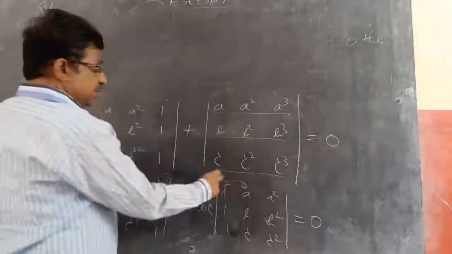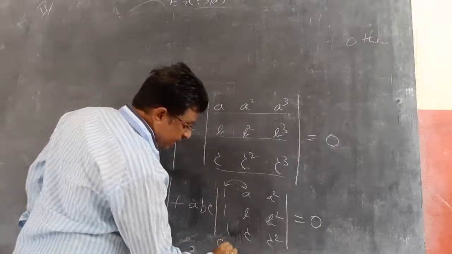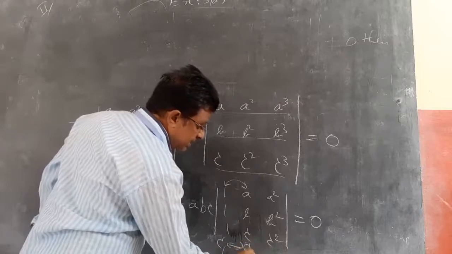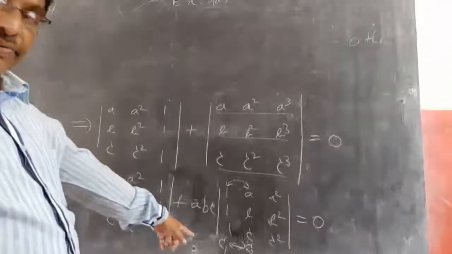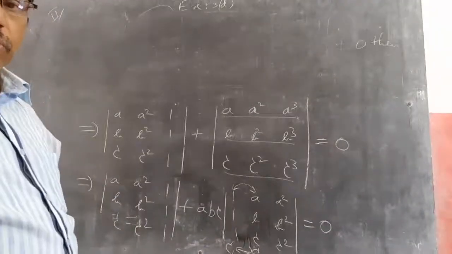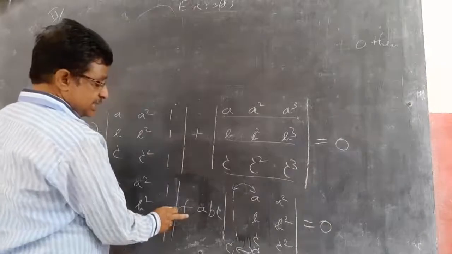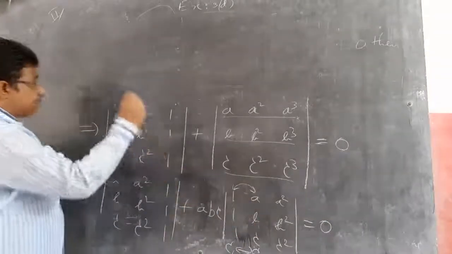So changing these two columns, I am going to change C1 with C2. The interchanging symbol is like that, C1 interchanging with C2. If I interchange the two columns, it is changed by sign. So this determinant becomes minus, so I will write minus here, and the remaining part as it is.